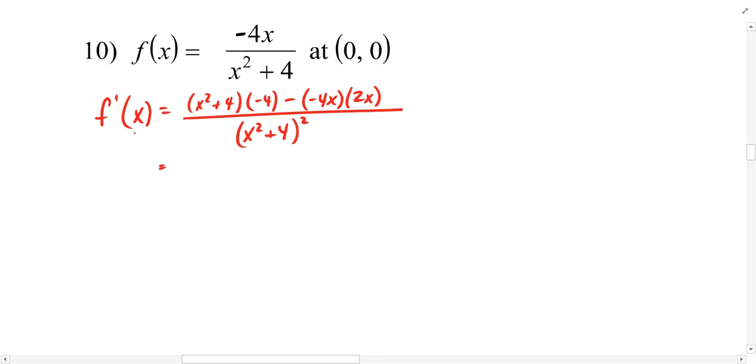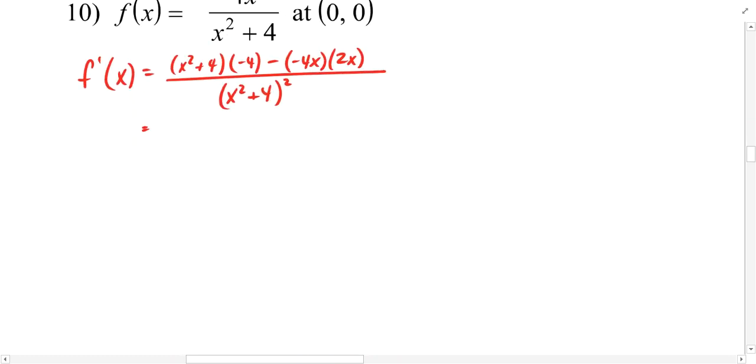Since we're going to be using this function in a minute, I do think that it would be beneficial to simplify. So I will distribute this negative 4. We've got a negative 4x squared minus 16. I'll distribute this minus sign to make this negative 4x a positive 4x, and that positive 4x times 2x is 8x squared.